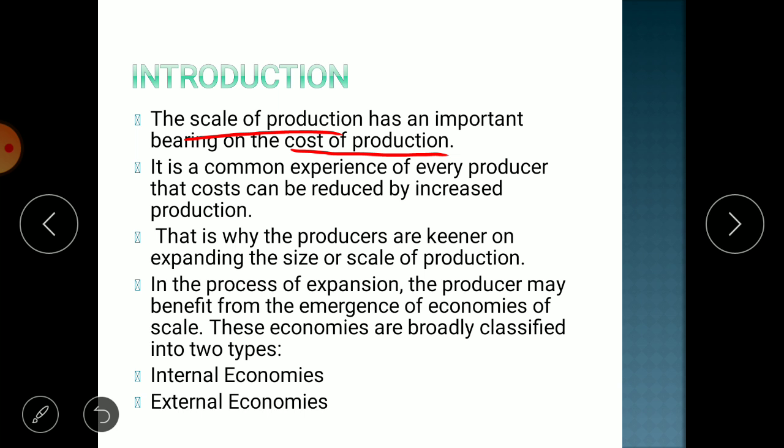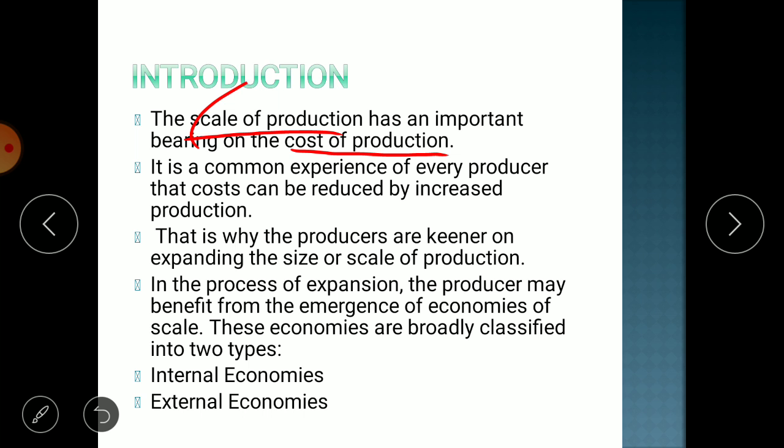As we know, the business units are divided on the basis of size into three categories, that is small scale, medium scale and large scale. On the basis of production, if you produce less, then it is a small scale, and if you produce more, it is a large scale.